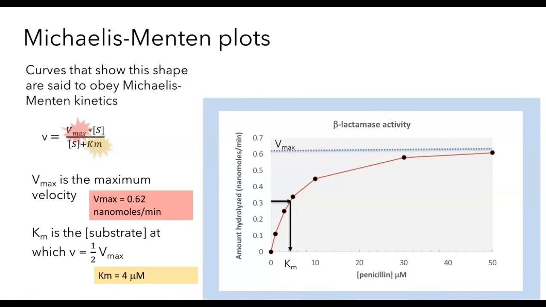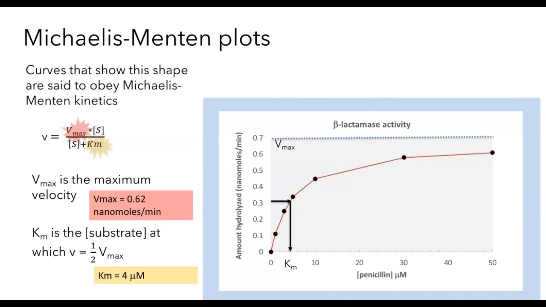Michaelis-Menten plots are easy to make and easy to interpret, but they can be a little bit inaccurate because being able to calculate Vmax and Km depends on being able to accurately determine Vmax. And you can imagine that we might estimate where Vmax is differently because it's a little hard to tell if it's truly reached that maximal value or not.